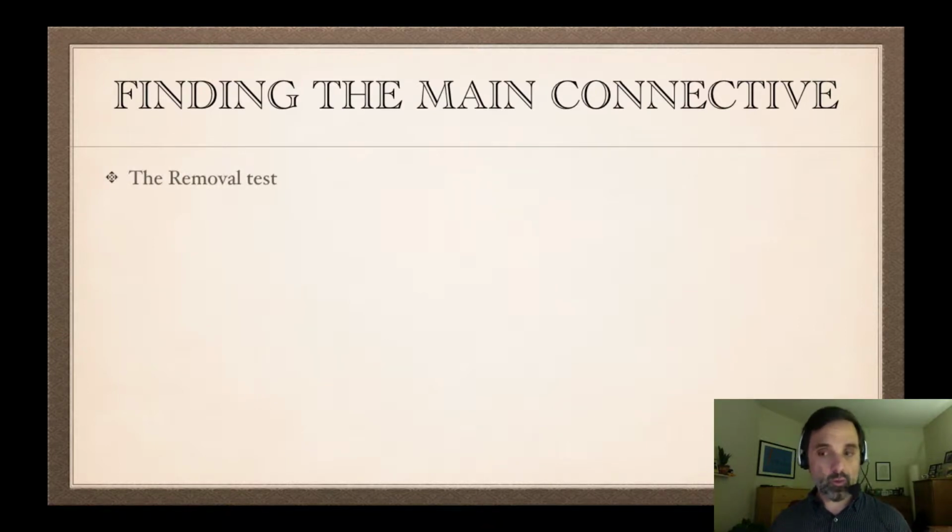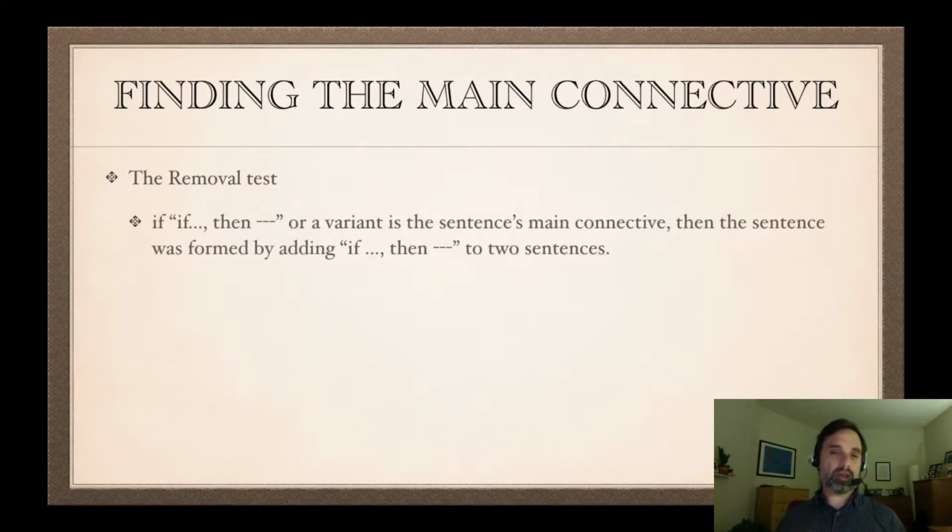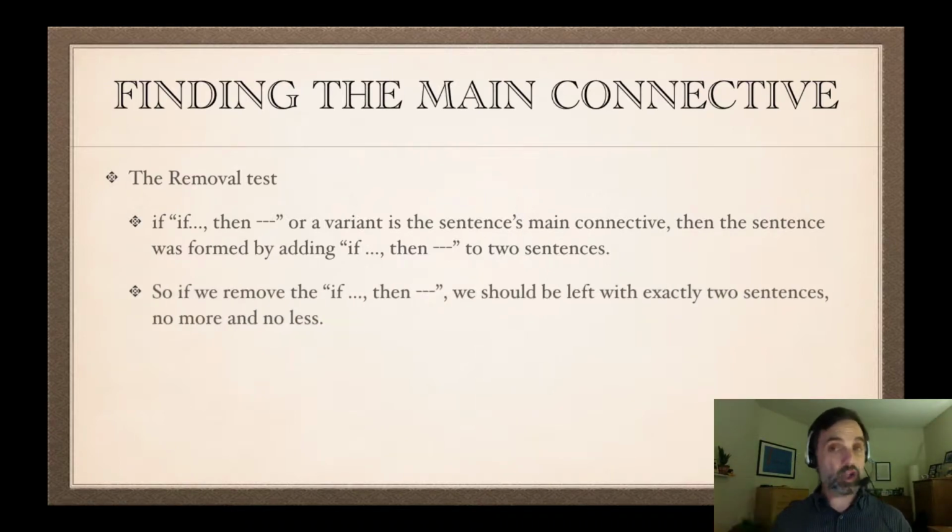So how do you do that? Well, a big part of that is what I call the removal test. What's the removal test then? Suppose that if-then, or some variant of if-then, is the main connective of a sentence. How is it formed? You took two sentences and added if-then. That means that if the if-then in question is the main connective, then if you take it away, you should be left with exactly two sentences, and you won't be left with more, and you won't be left with less.